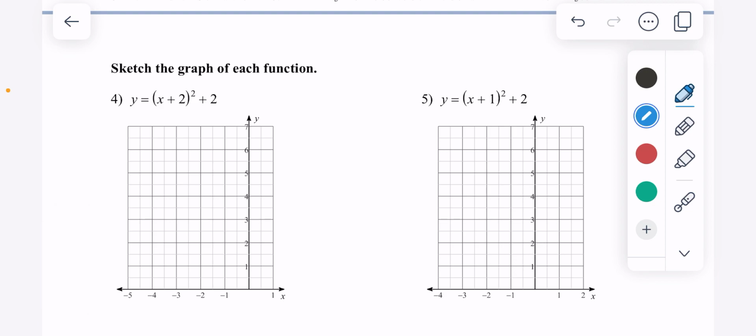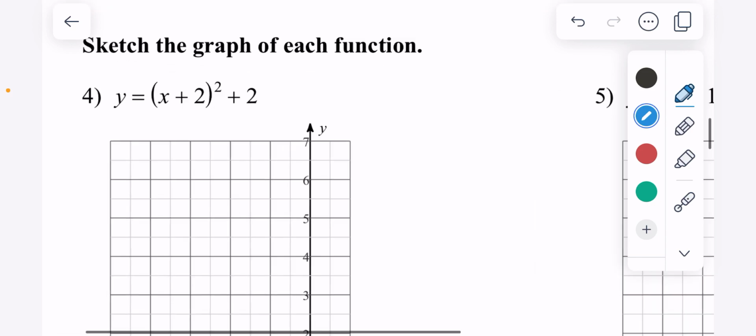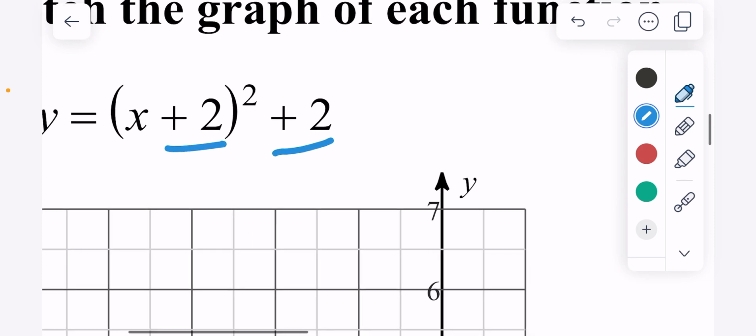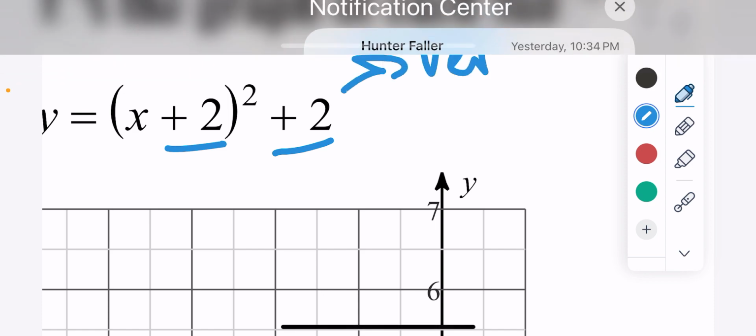So let's do this first one the way we did the previous ones, and I'll show you a shortcut for the next two. So, same idea. We can see I have 2 shifts occurring here. The second one is adding on the outside, so that's going to be a vertical shift.